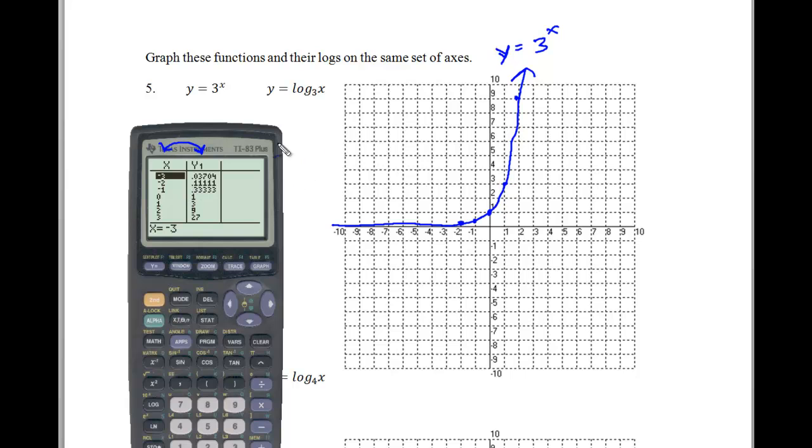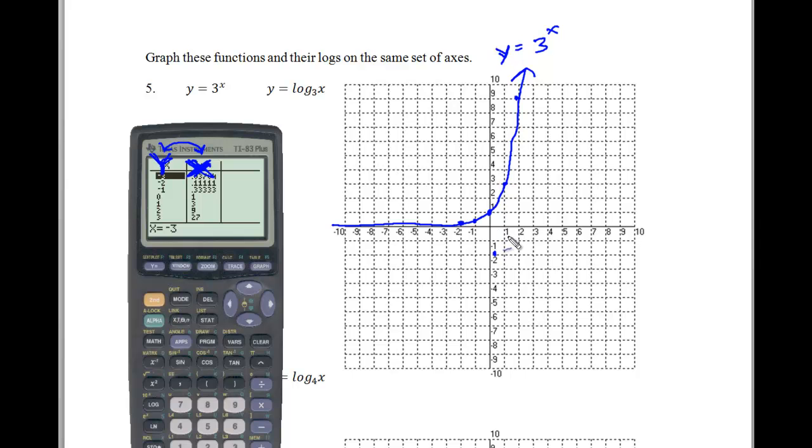You can do so on paper if you want to, or just look at your calculator screen. So what this means is that my x is going to be at 0.1111111, and my y is going to be at -2. So that's plotted right there. Then, it'll probably make sense if I put a big x there, and a big y there, because this is going to be the logarithm, because logarithms and exponentials are inverses of each other.